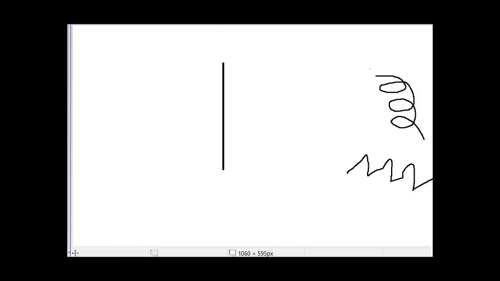What we're going to do is I'm going to make another line over here. And we're going to just add a few extra lines. So it's not the prettiest picture, but we see that it's taking form.